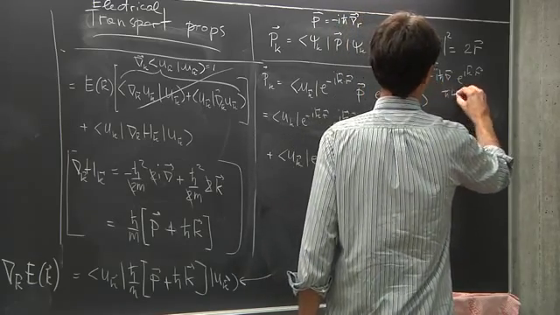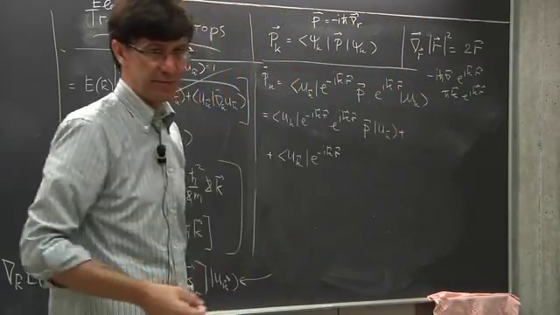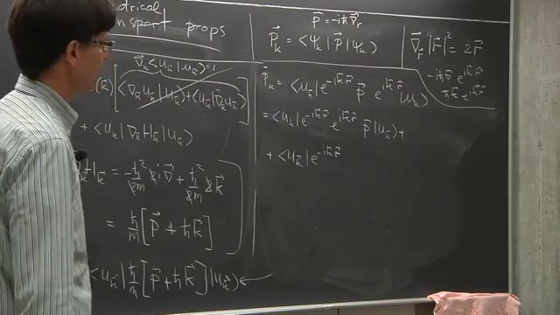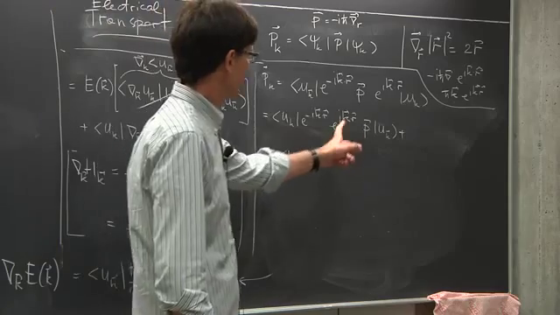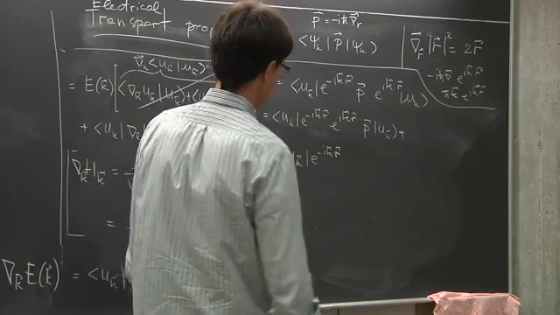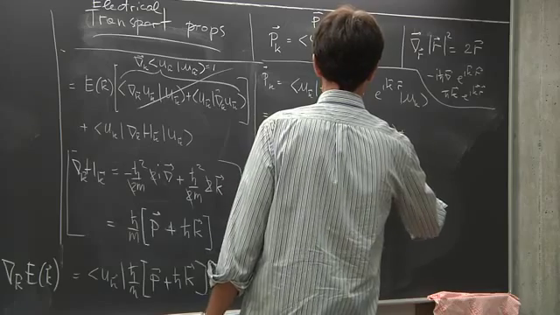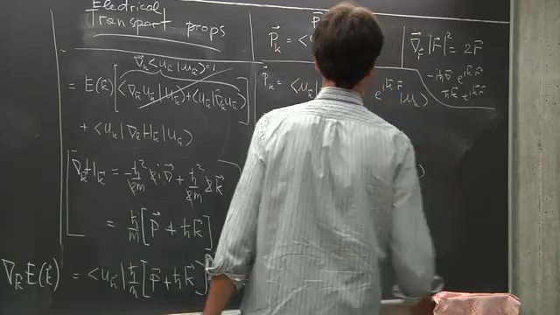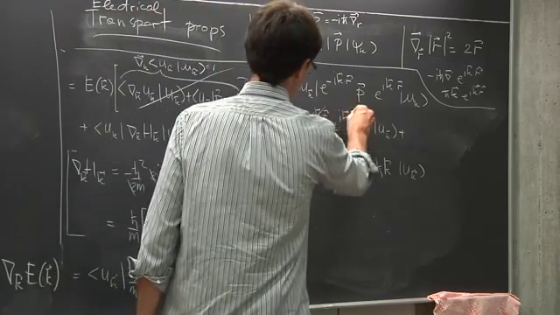So this is h bar k e to the i k r, right? I'm sure you've done it several times. Free electrons, just the momentum of free electrons, h bar k. h bar k is the momentum of a free electron. So when I apply P to a plane wave, I get the momentum of that plane wave. So e to the i k dot r, h bar k, u of k. Surprise, surprise.